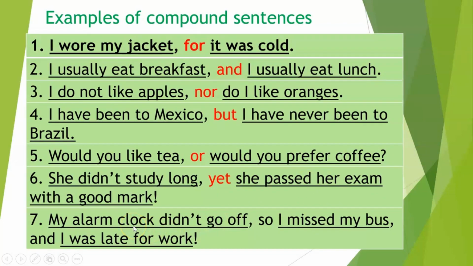Now, in this example, we've got three independent clauses joined together. My alarm clock didn't go off. I missed my bus. And finally, I was late for work. So here we've got three independent clauses joined using these words so and.